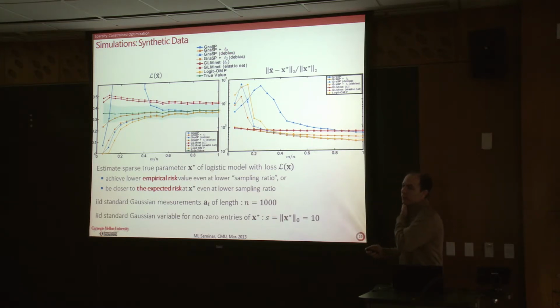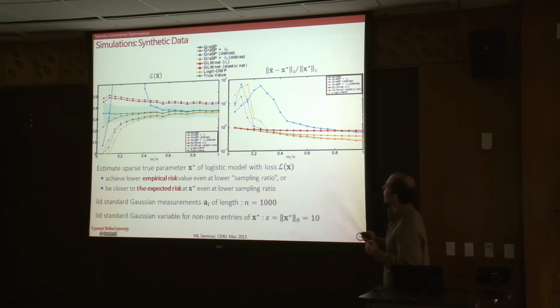The debiasing procedure is that once you found the new sparse iterate, you minimize the objective function over the active entries of the new iterate, and then the result is going to be the iterate that you start the next iteration with.